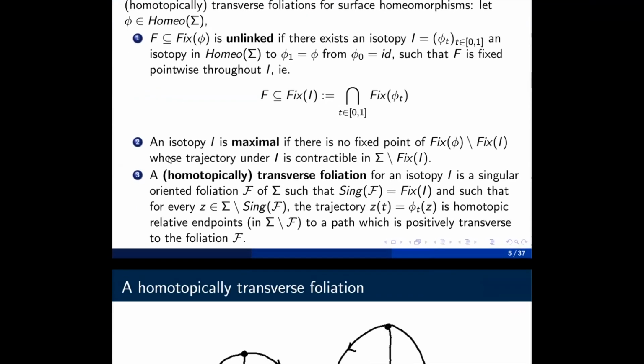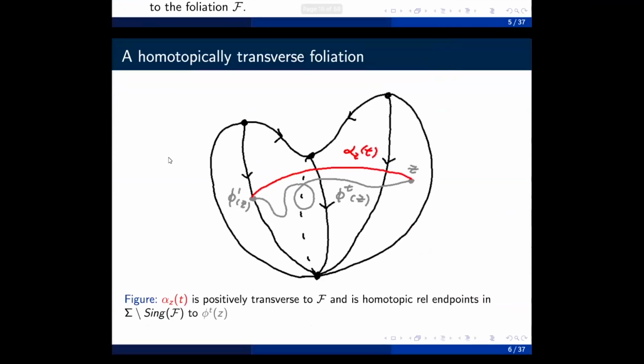So the idea here in a picture: here's a homotopically transverse foliation. What you should imagine is the negative gradient flow associated to a Morse function. The isotopy sends Z to the time one map of Z, and it runs around.